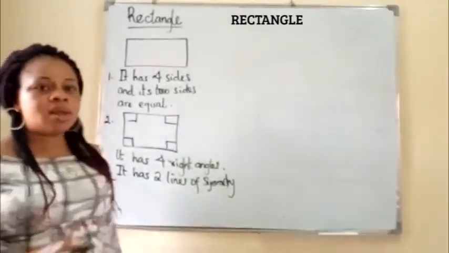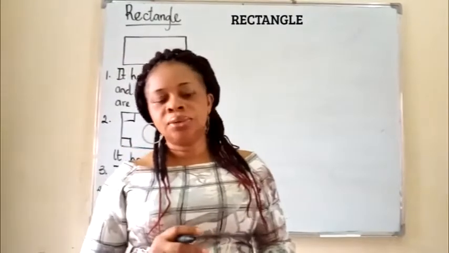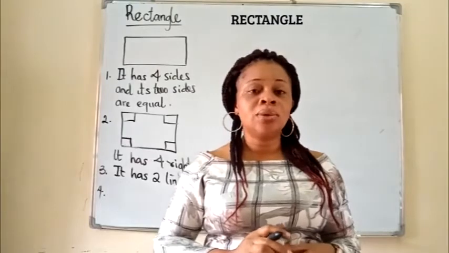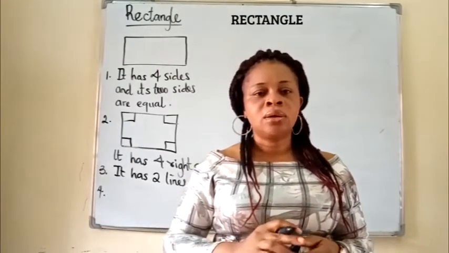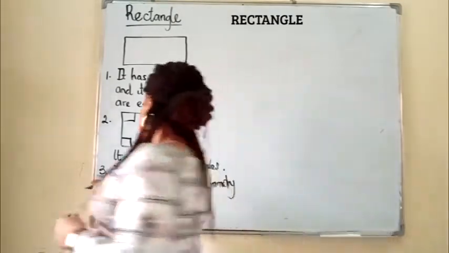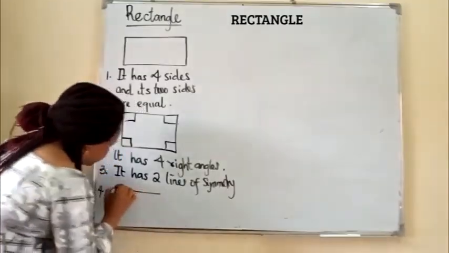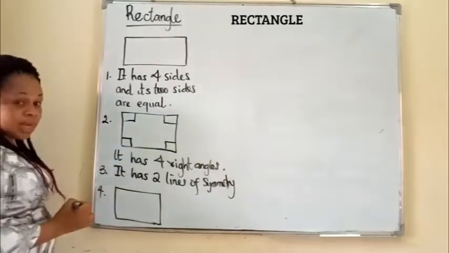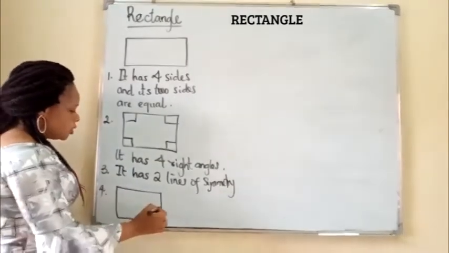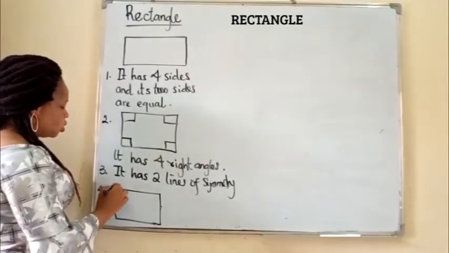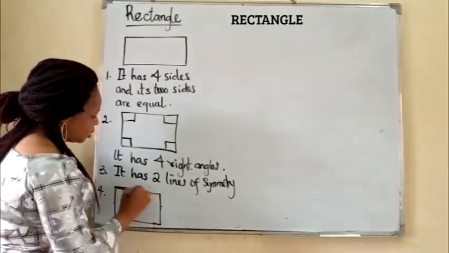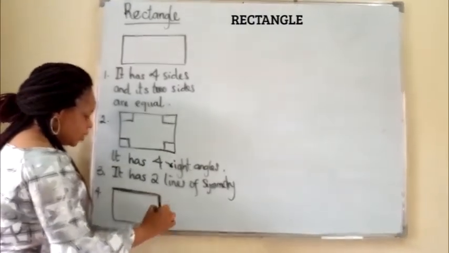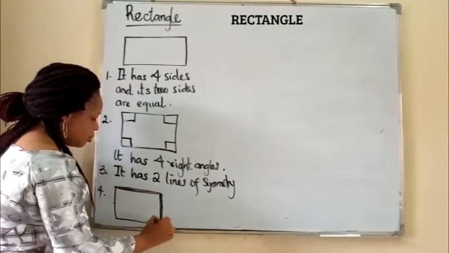The fourth thing I want to say about a rectangle is I want to show you how to calculate the area of a rectangle. This is a rectangle of 4 sides with its 2 opposite sides being equal. To calculate the area of a rectangle, I am looking at this length and this breadth.